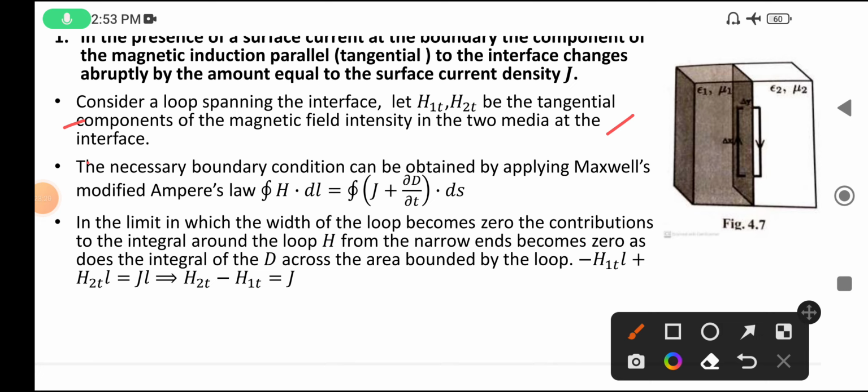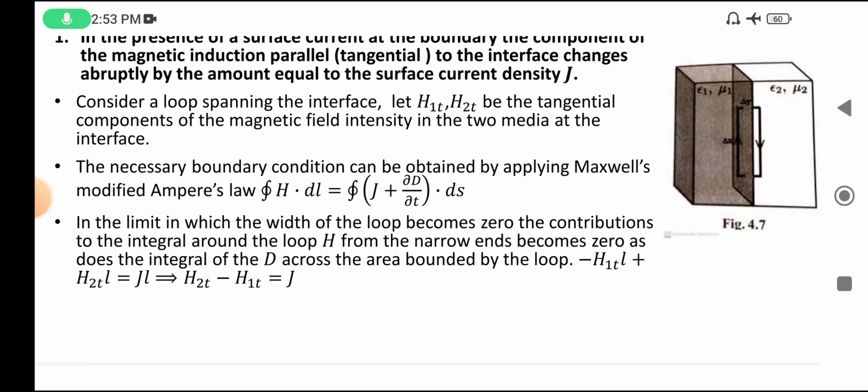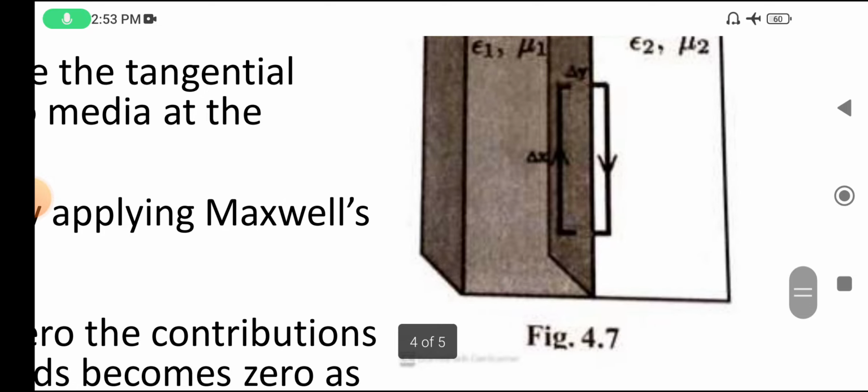The necessary boundary conditions can be obtained by applying Maxwell's modified Ampere's law. Okay, friends, this we will take. And see, it is a boundary we have to take. This boundary is appearing clearly.